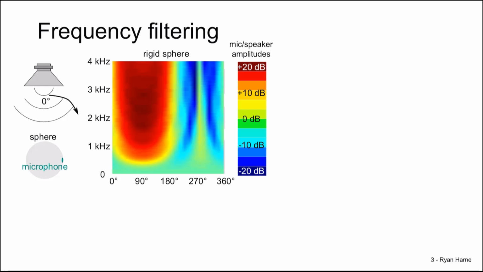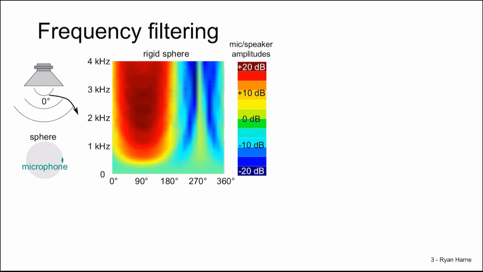If we take a test of a speaker moving around a sphere where there's a microphone on the right side of the sphere, we would plot out a map like this, where we have the ratio in the frequency domain of the microphone with respect to the speaker amplitudes. The microphone in the spherical head shows an increase in the received acoustic pressure around 90 degrees, which is of course when the speaker is directly transmitting at the microphone.